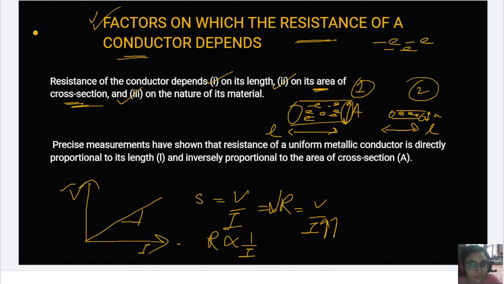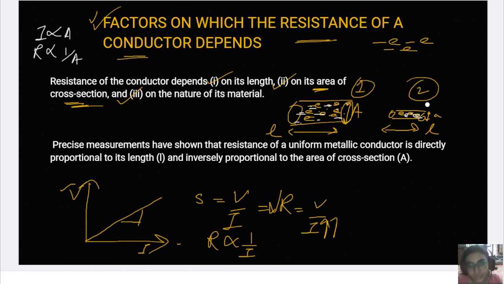So one relation we have gotten: I is directly proportional to A, so R is inversely proportional to A, right? Since more current is flowing through this whole fat wire, obviously the resistance will be lesser. Here there is less amount of electrons flowing, right? So here its resistance is more.